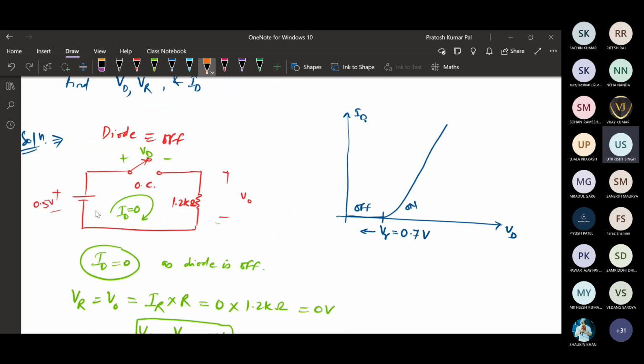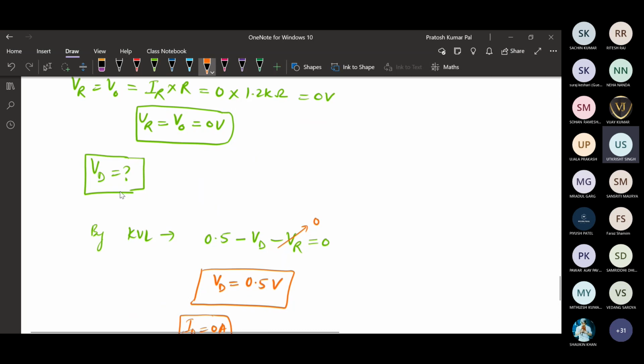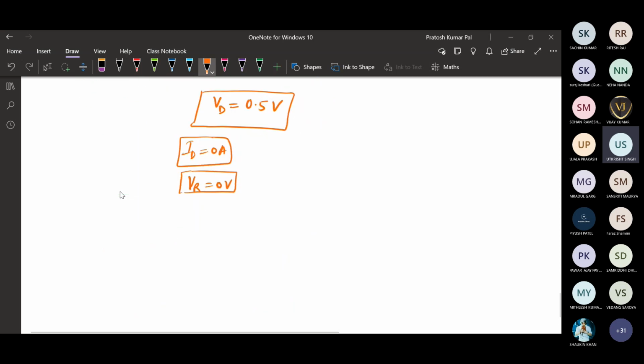We have a voltage applied that is less than the knee voltage. In that case, the diode will be considered to be in off mode, and this is how it is analyzed. Even in that case, the voltage drop across the diode will be 0.5 volt. It's not like this is 0 volt.